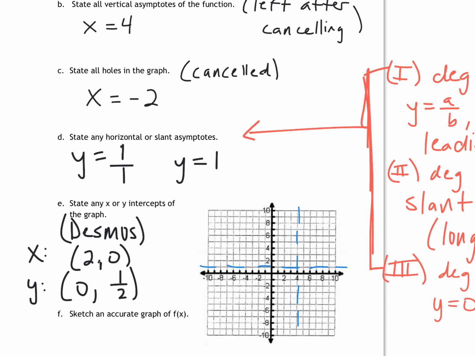I know that there's an x-intercept at 2 and a y-intercept at 0, 1/2. I also know one more thing. There's a hole at -2. So when I sketch this graph, it looks like this approaching that asymptote with a hole at -2, and then the other piece is up here approaching those asymptotes. So the red part is our graph.